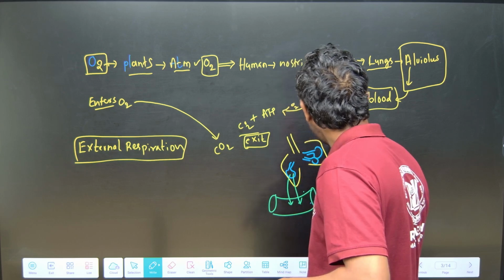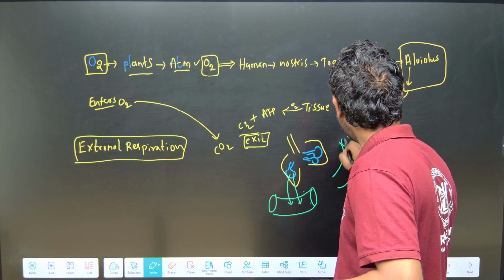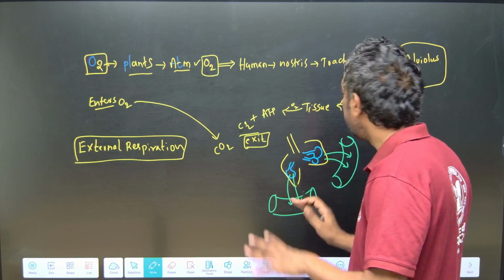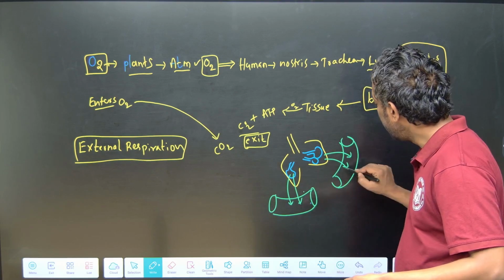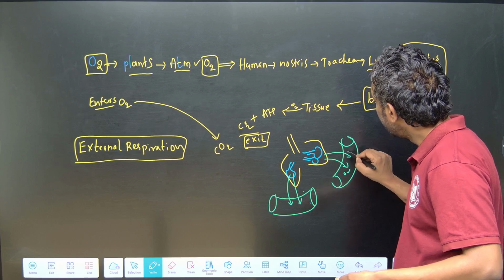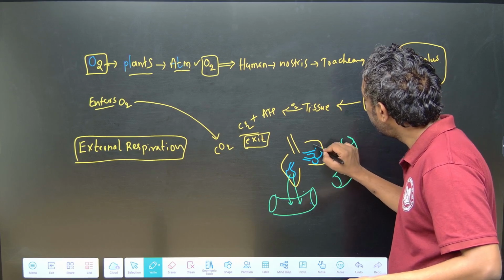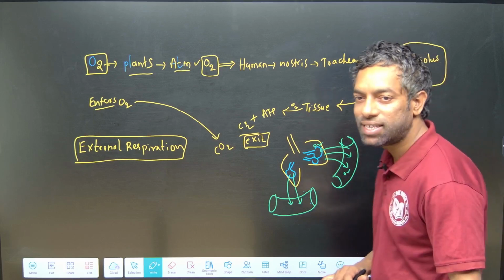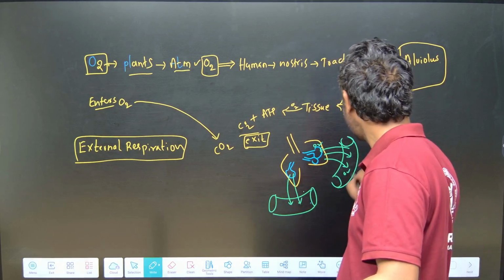This is what we call respiration: the oxygen enters into the blood and the carbon dioxide exits from the blood to the alveolus. The exchange between the blood vessel and the alveolus is called external respiration.